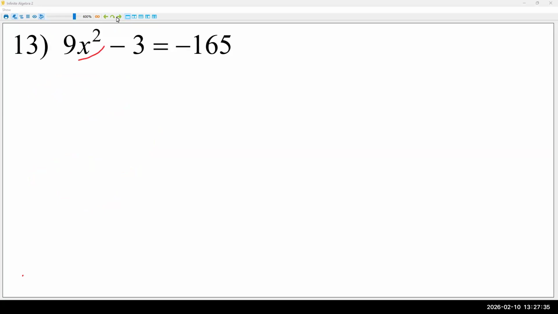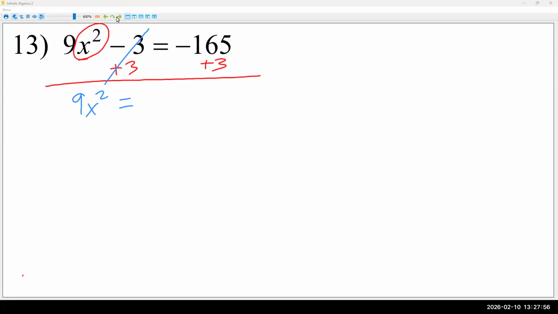Well, I'm still just going to get x squared by itself. So step 1, let's add 3 to both sides. So I got 9x squared, those cancel out, equals -165 plus 3.